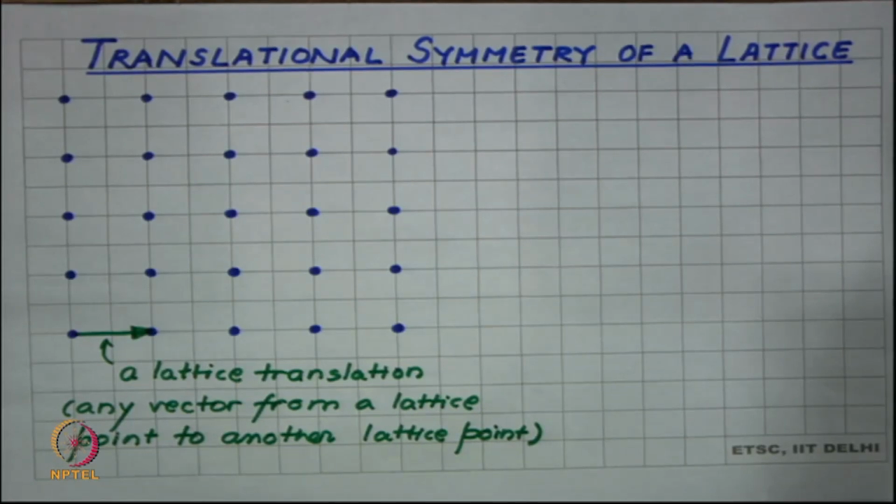Now, if we shift all the lattice points by this vector, the lattice will come into self coincidence.